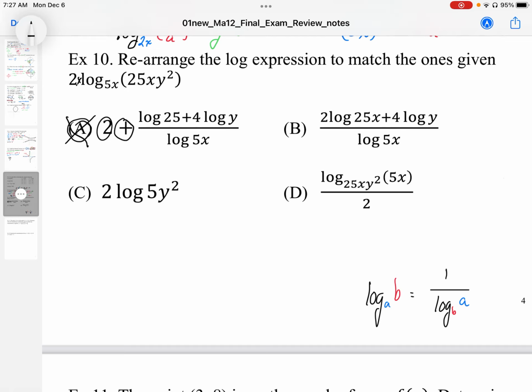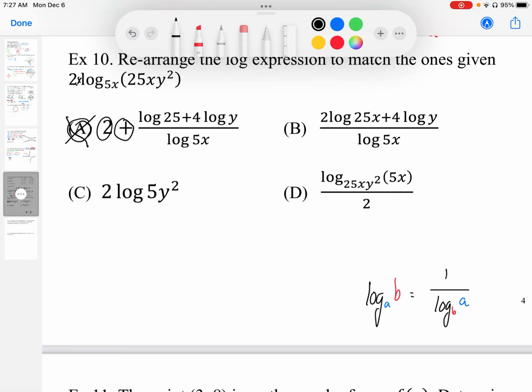If we take a look at C, what's happened in C is that we have taken the base and the argument, and I've just divided those together, and I ended up with the new argument. So, just combining base and argument.